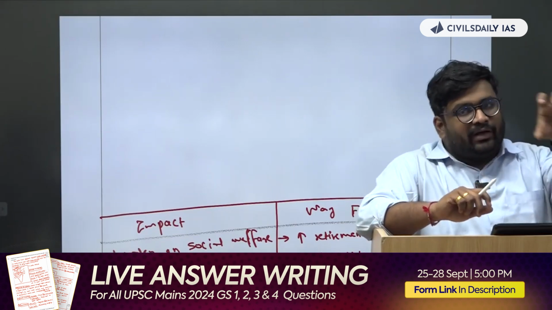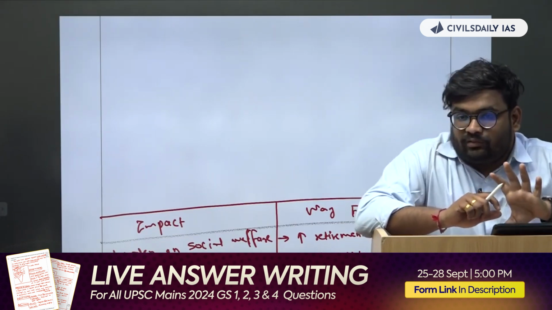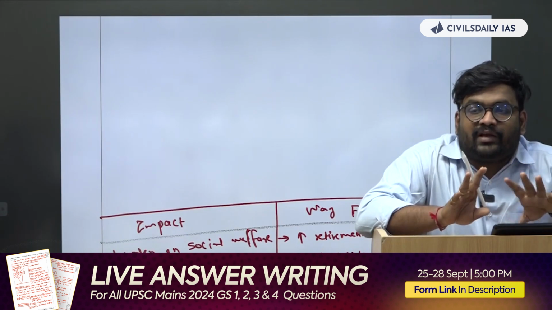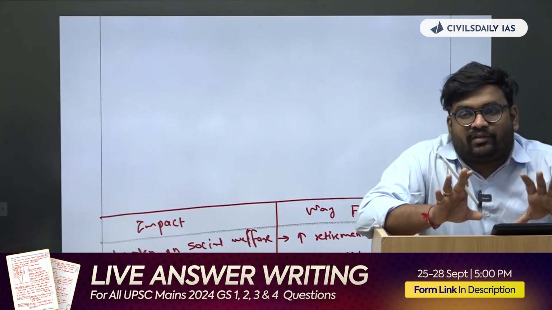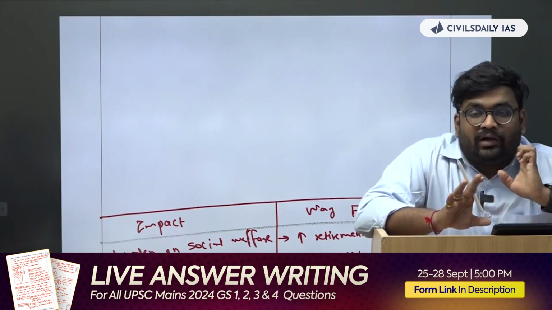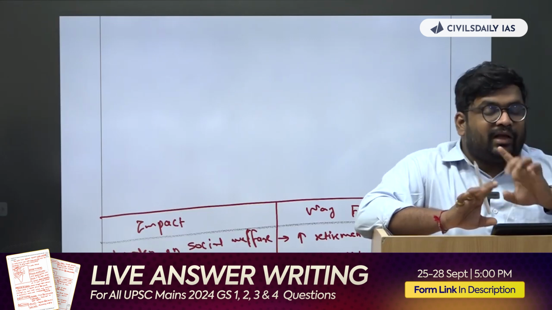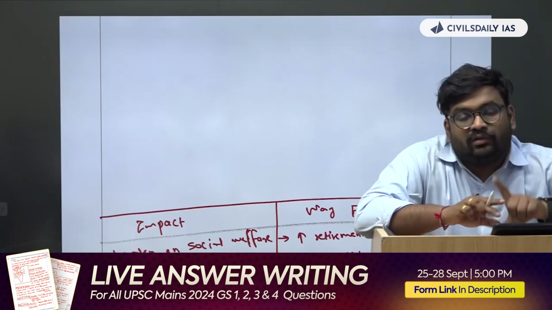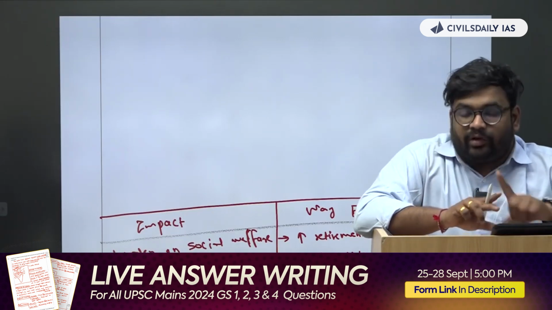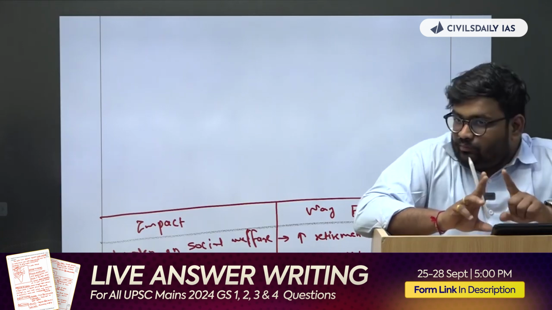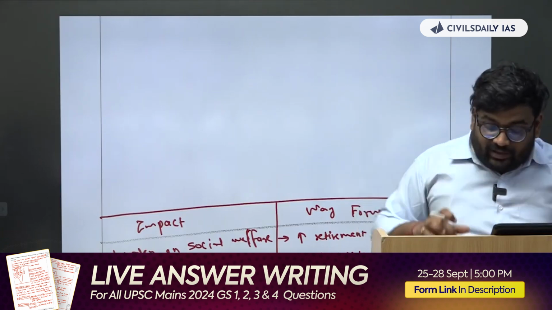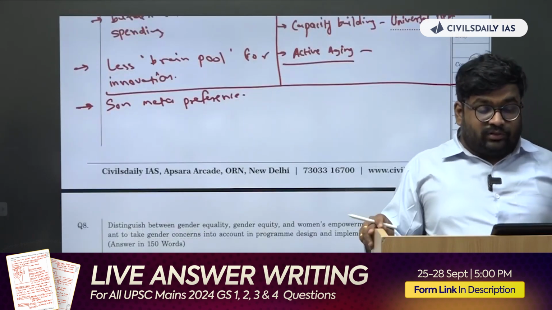You only give the subheading and you give the substantiation. You can never simply write the subheading itself and then move on to the next point. Until and unless your point has either elaboration or substantiation, that won't be considered as a point. Is it clear?